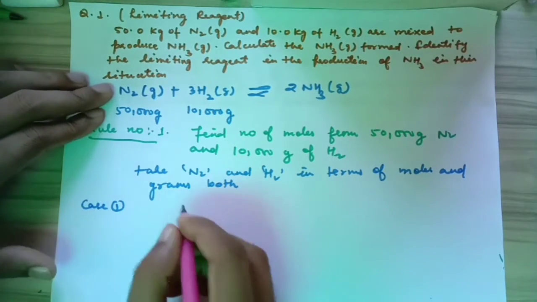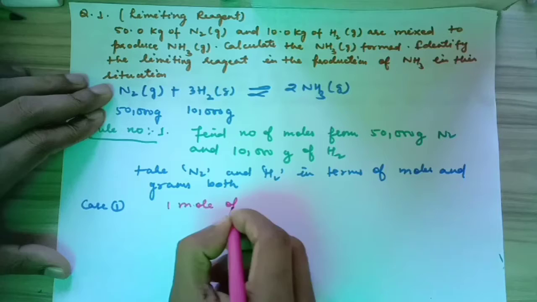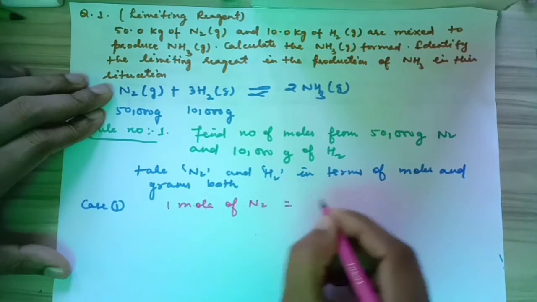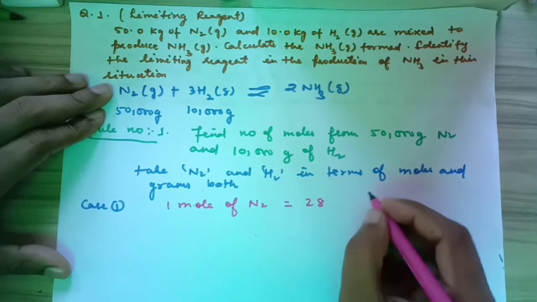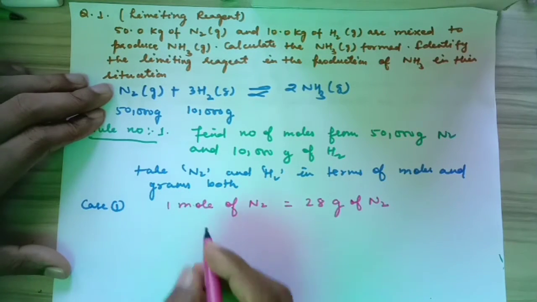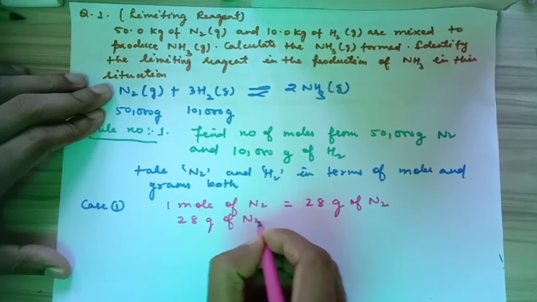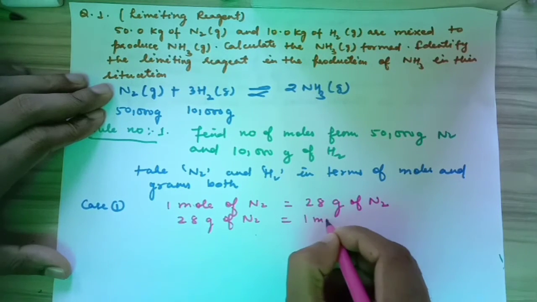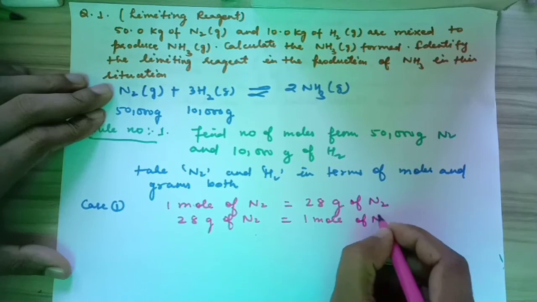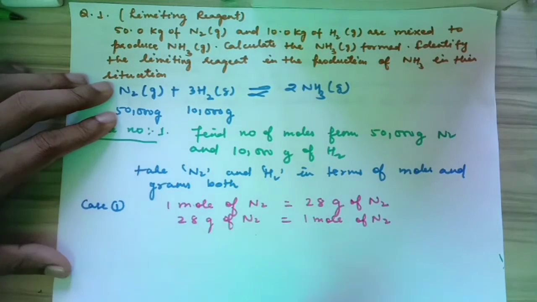Now we can say that 1 mole of N2 means 28 gram of N2, or in reverse order we can say that 28 gram of N2 will give 1 mole of N2, so that we can use the given information, that is 50,000.